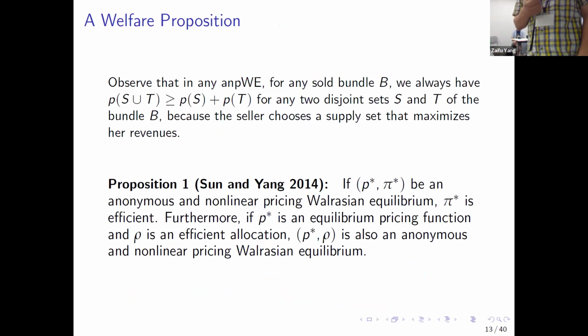Okay, so here just notice that we have to be cautious in the sense that this option actually you cannot use it online, because it's possible that you see here by the definition that in any sold bundle, we always have this relationship for any two disjoint sets of bundle.